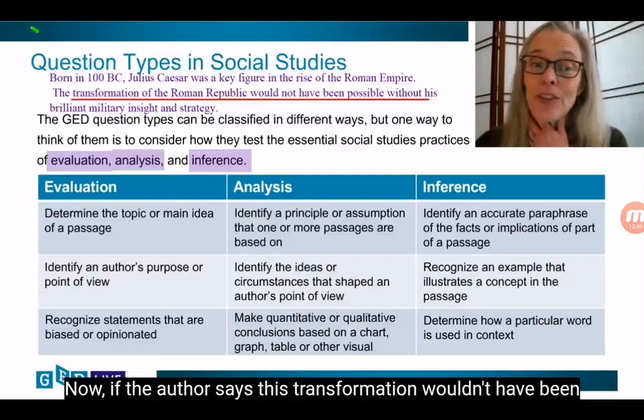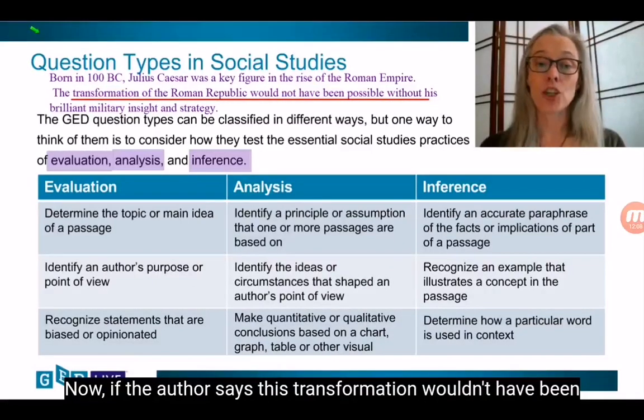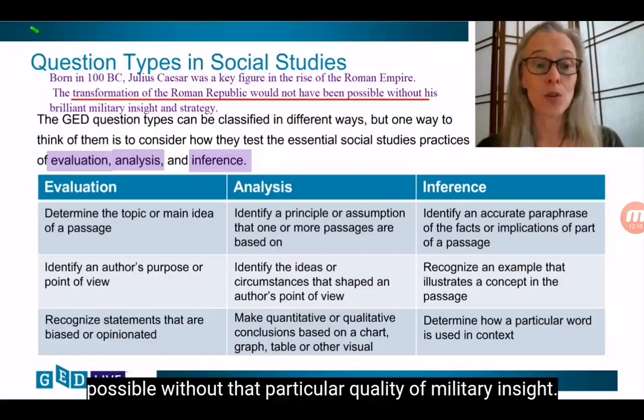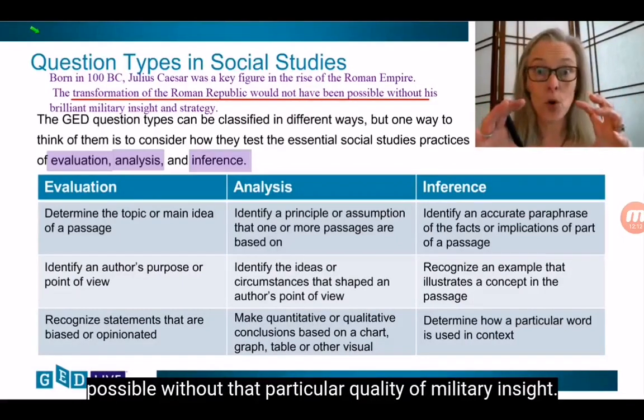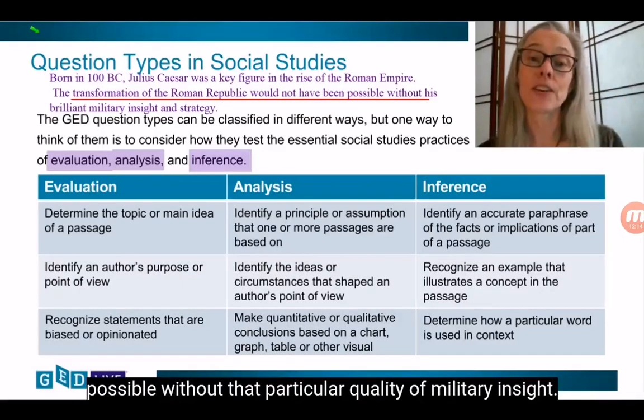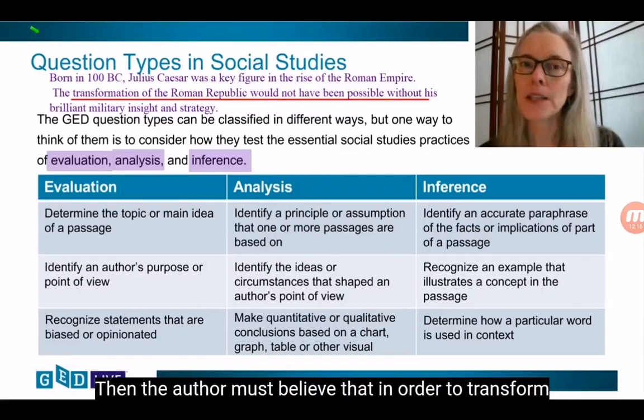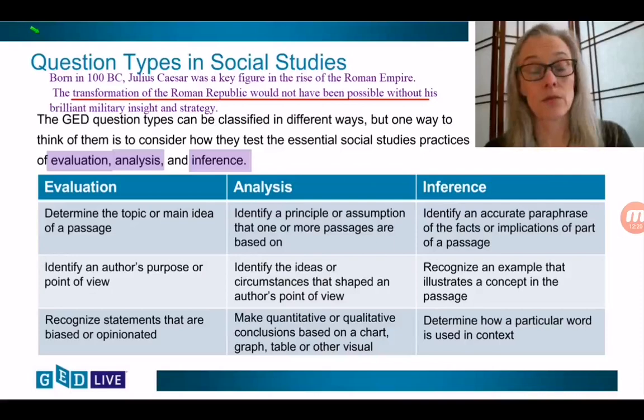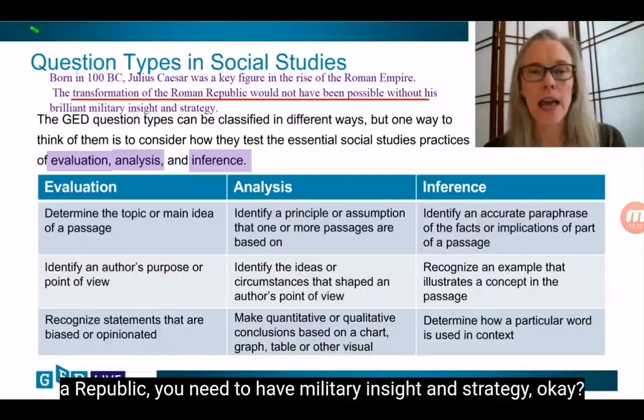Now, if the author says this transformation wouldn't have been possible without that particular quality of military insight, then the author must believe that in order to transform a republic, you need to have military insight and strategy, right?